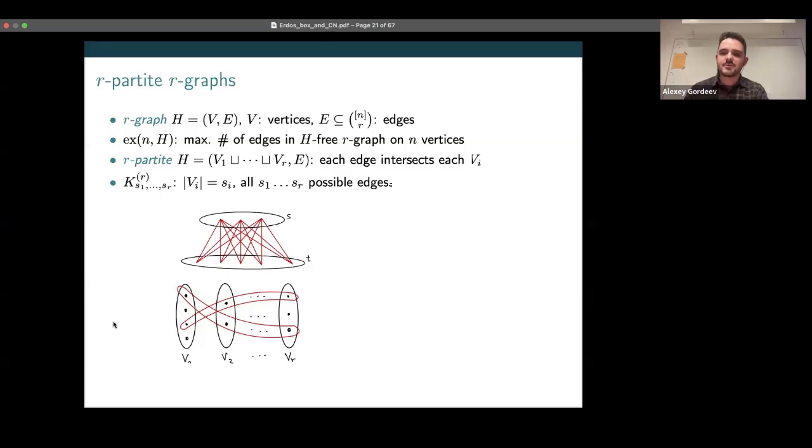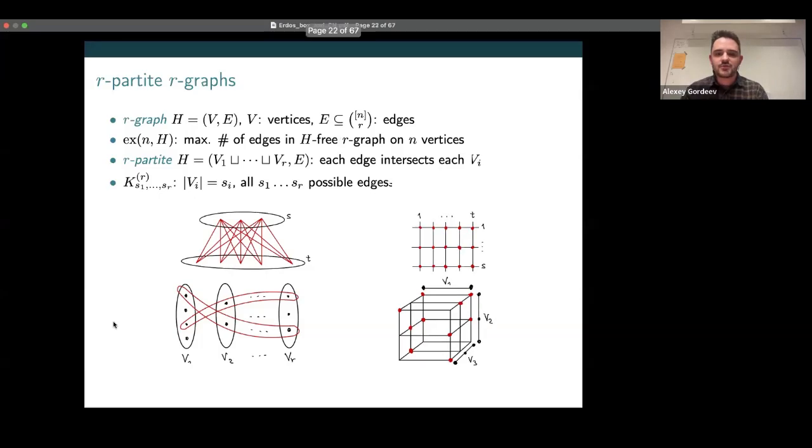But before talking about the history of this problem, I want to foreshadow the connection which we will use, because if you remember, we started by talking about the combinatorial Nullstellensatz and zero sets of polynomials. Particularly, we had product sets, and I want to show you another way to look at r-partite graphs, which maybe suggests what we will be doing later.